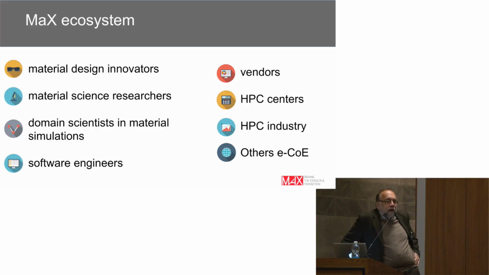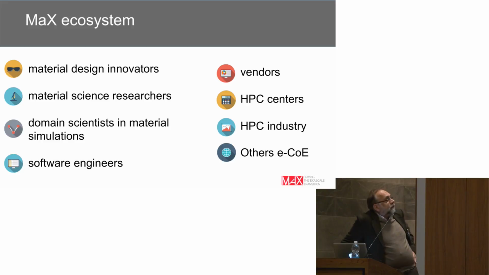We have a number of interactions with the vendors of this kind of solution that implement our solution inside their selling proposition. Of course, the HPC centers, the HPC industry, and the other CoEs like you here.